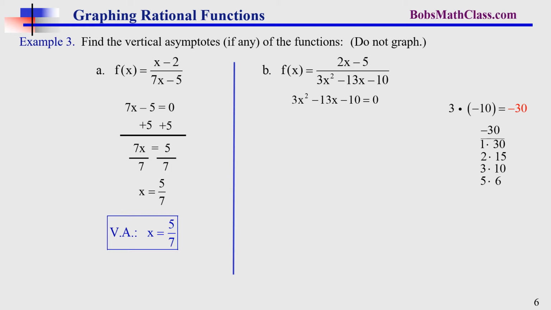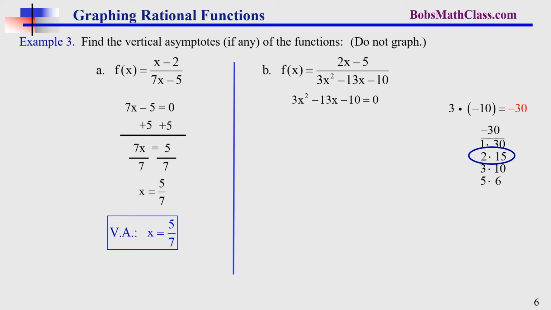It's a negative 30, so again we're looking for the pair that subtracts to be the middle number, not adds. If it was a positive 30, you would look for the pair that adds to be 13. But it's a negative 30, so we want the pair that subtracts to be 13. Therefore, we will use 2 and 15, not the 3 and 10. So if you use 3 and 10, it would be wrong.